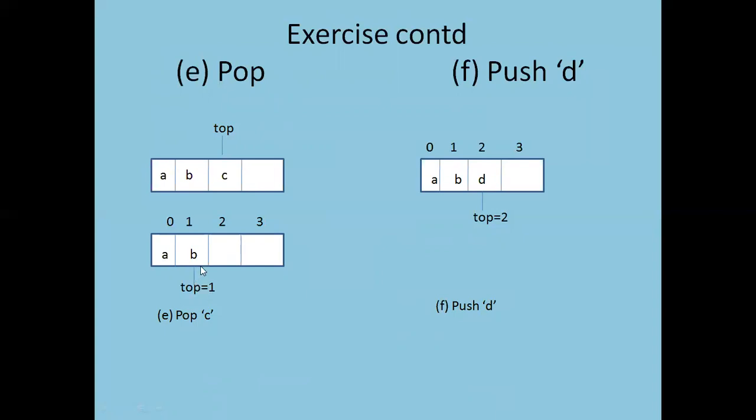Since C has been popped out, the topmost element is now B, whose position is 1. Now if you push an item, it's possible to add since we still have 2 empty spaces. Now if you add D, the top value will increase to 2, and we'll push the item. So this is the last stack, though it has not been filled up. So this is not a case of overflow or underflow.